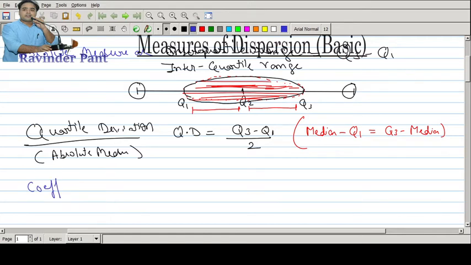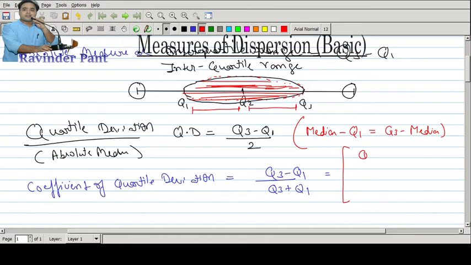The coefficient of quartile deviation is going to be Q3 minus Q1 divided by Q3 plus Q1. It is developed from the quartile deviation and its totality.